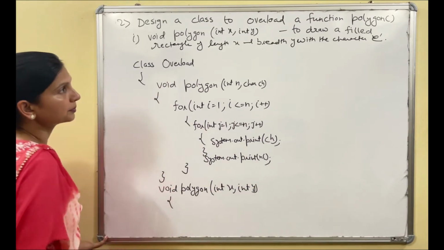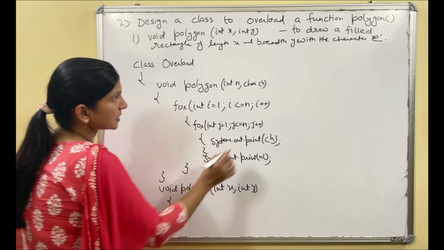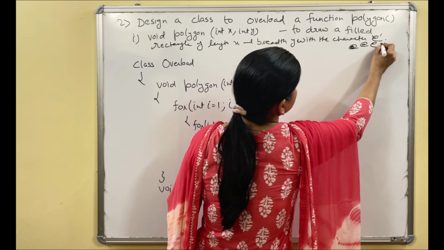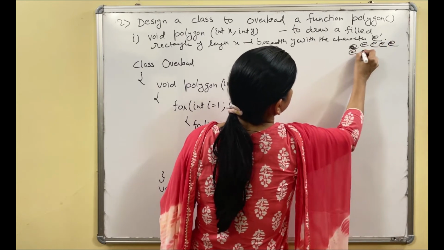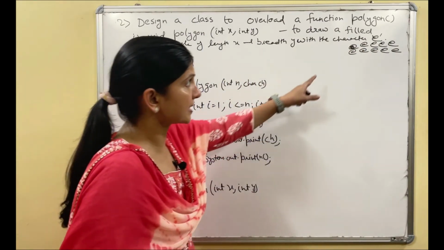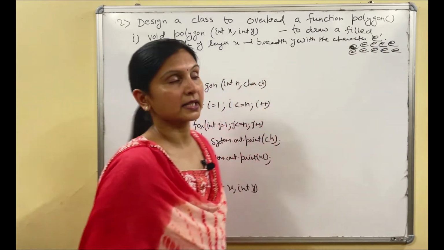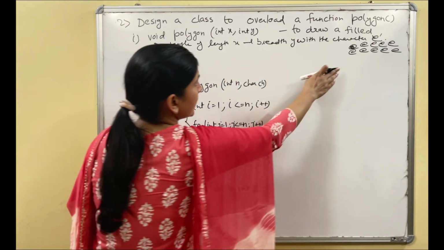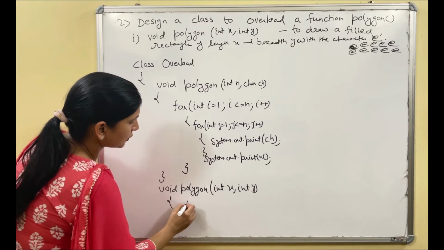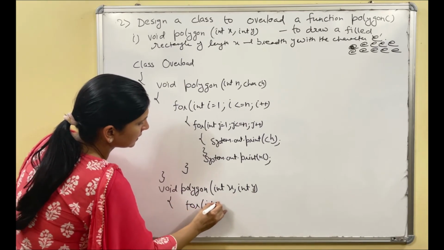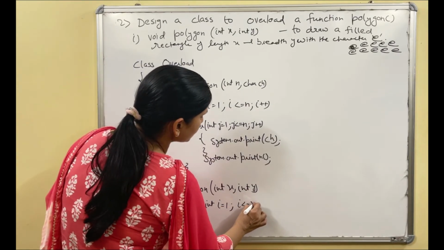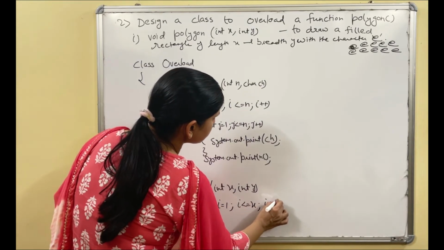Again the nested for loop. See, the example was given with @. If x is 2 and y is 5, so x is for rows. For int i equals 1, until when will it run? Until x, i less than equals x, i plus plus.